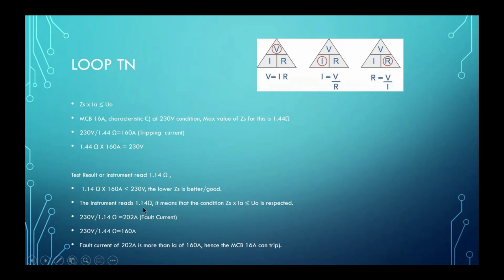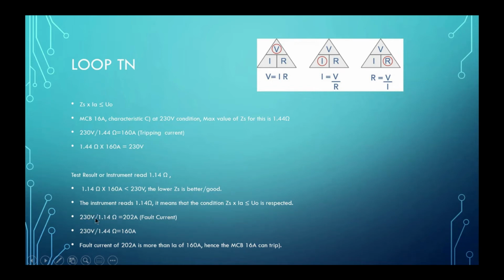Another way to say it: if you measure this impedance, you use your voltage over this impedance, you will get a fault current. When a fault happens, this formula is V over R equal to I. Just now your instrument measured 1.14 ohms.